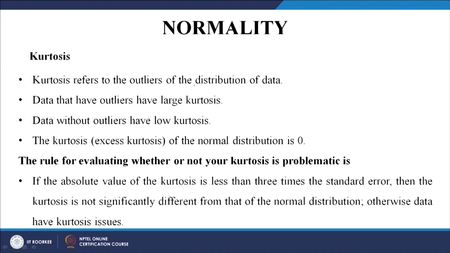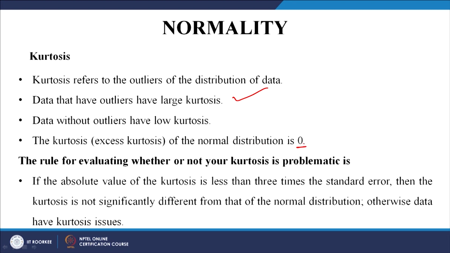Kurtosis refers to the outliers of the distribution of data. Data that have outliers will have large kurtosis, right. Data without outliers have low kurtosis. The kurtosis of the normal distribution is 0, there is no peakedness or flatness.